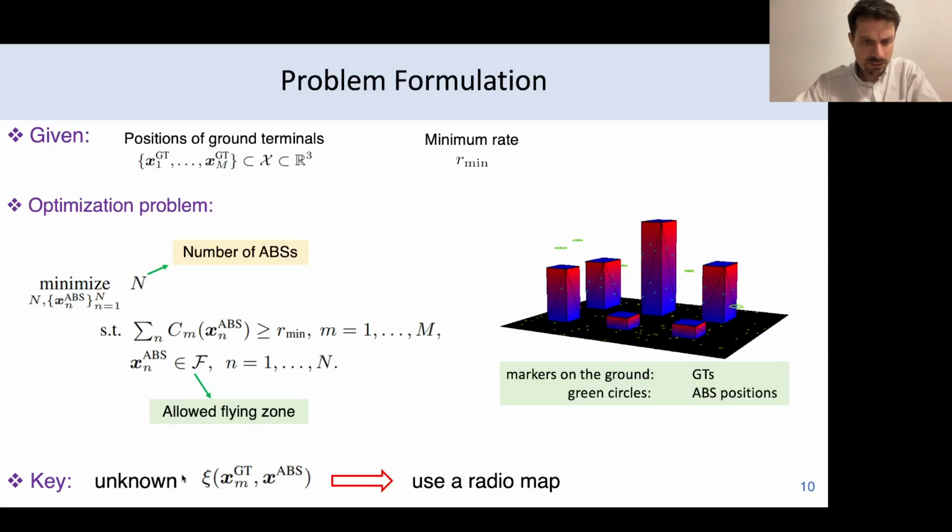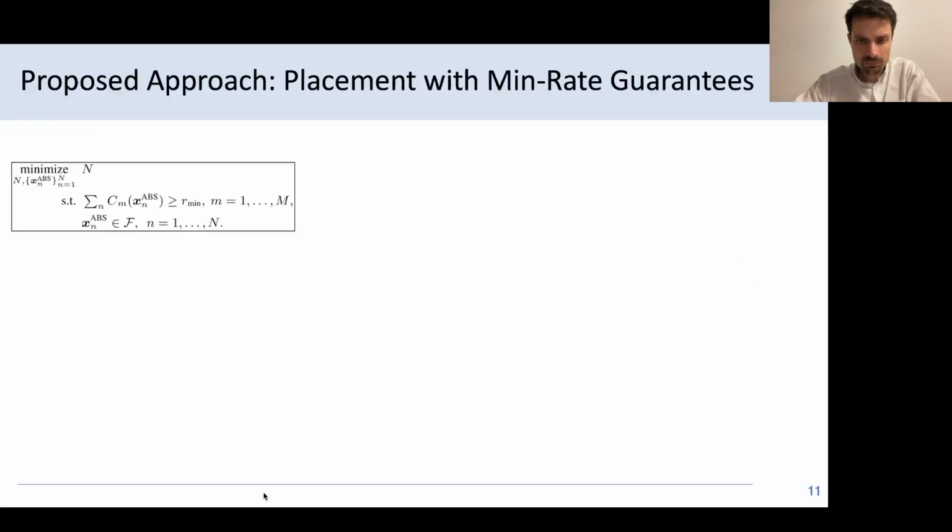And since the shadowing is unknown, right? The shadowing determines this capacity here. We will be using a radio map to predict it. So, let me briefly describe the proposed approach.